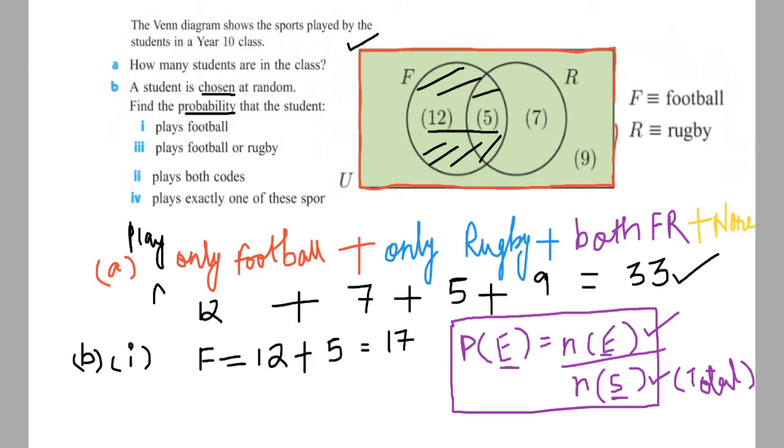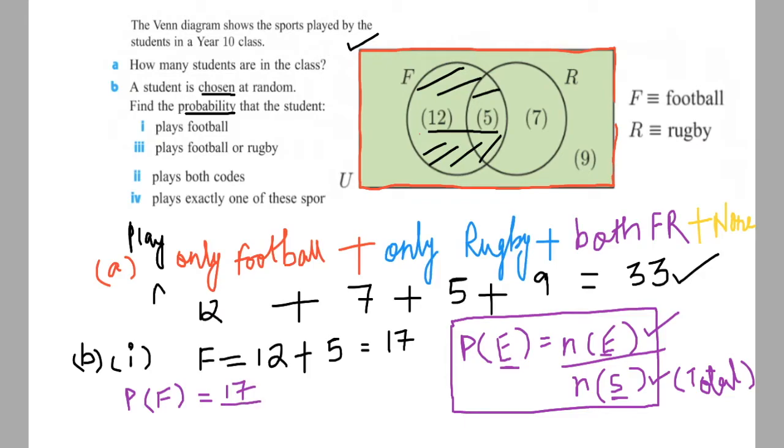Alright. So in our case, the event is football. So our favorable event here is football. So the favorable outcomes are 17 because 17 students play football. So number of ways an event can occur is 17 upon the total outcomes.